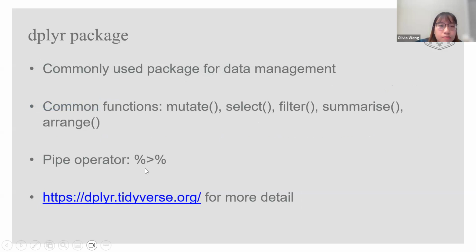And I think the most important thing that you should know from this slide is that they use a structure called a pipe operator to do your work step by step. You will see this pipe operator, the percentage sign, larger sign, and then percentage sign again, very often in the tutorial later.